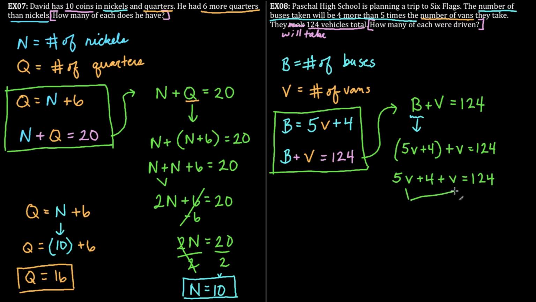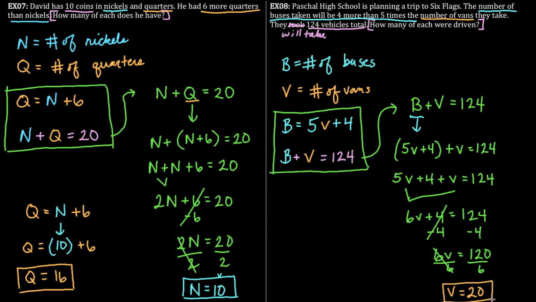And 5v plus v is 6v plus 4 equals 124. I will subtract 4 from both sides. I get 6v equals 120. Divide each side by 6. And v was orange, so I will write v equals 20. The number of vans that they will take is 20.